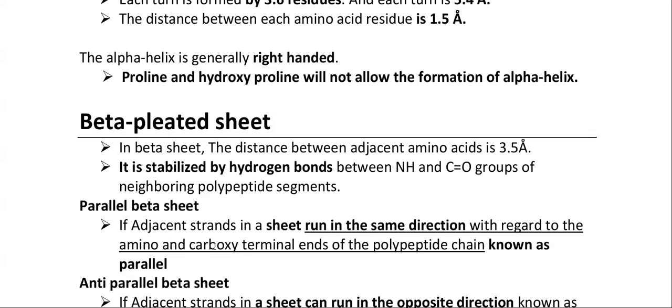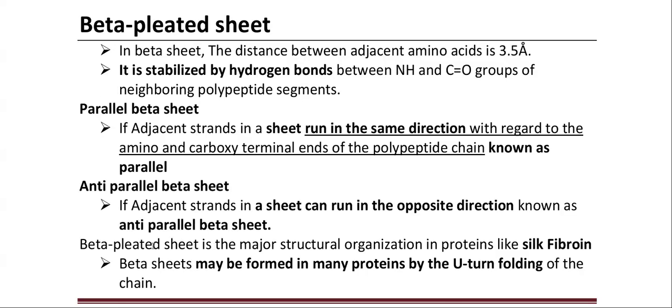Beta pleated sheet. In beta sheet, the distance between the adjacent amino acids is 3.5 angstrom. It is stabilized by hydrogen bonds between NH and carboxyl groups of the neighboring polypeptide segments. Parallel beta sheet: if adjacent strands in a sheet run in the same direction with regard to the amino and carboxy terminal ends of the polypeptide chain, it is known as parallel.